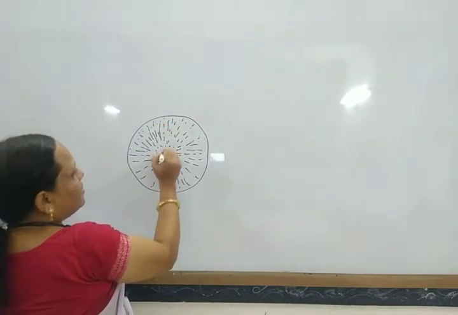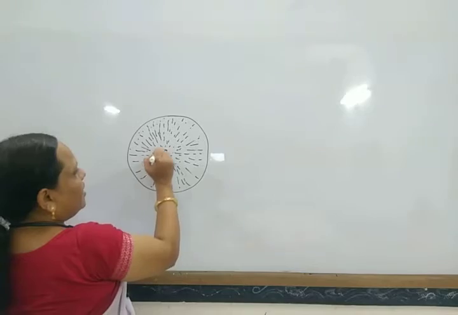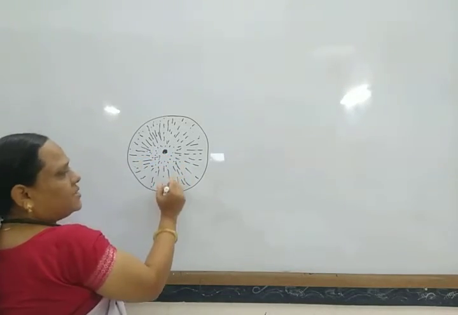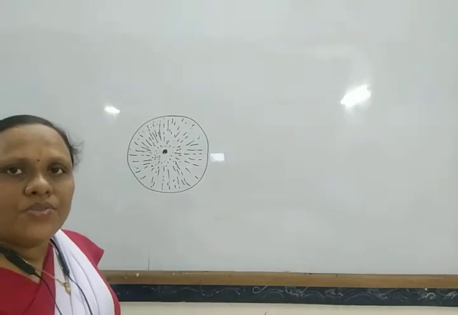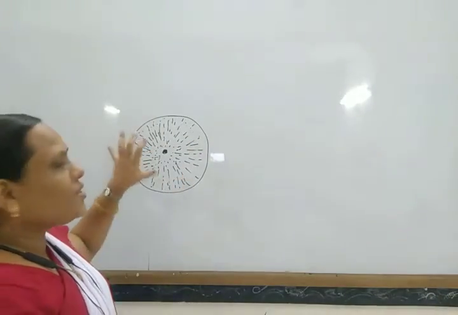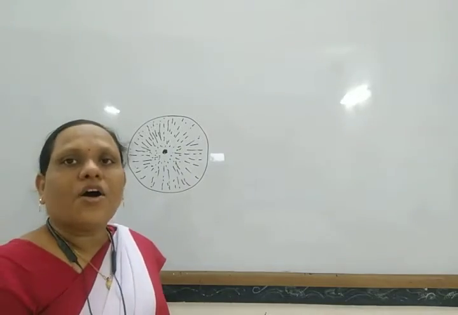So this is the nucleus and these are the spaces around which the electron revolves. This space around which the electron revolves is known as orbital.